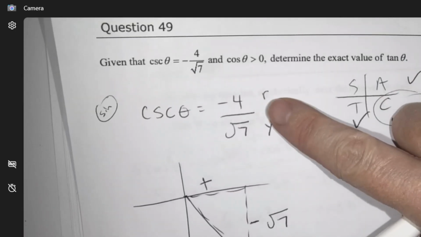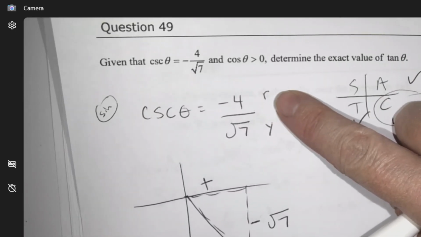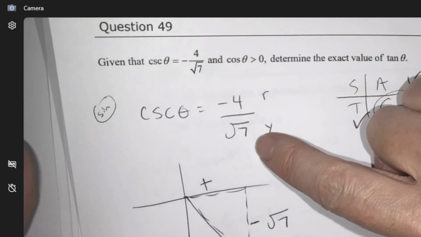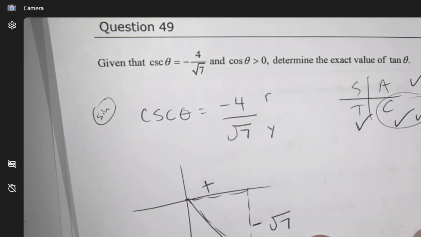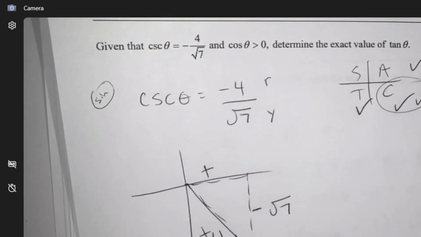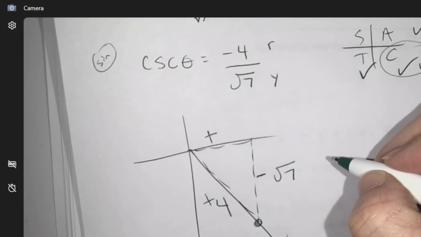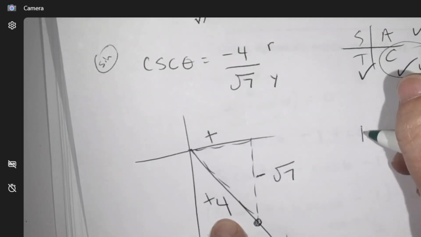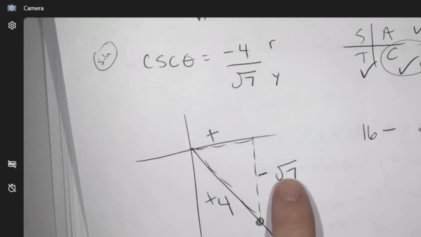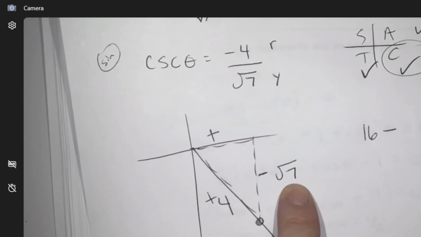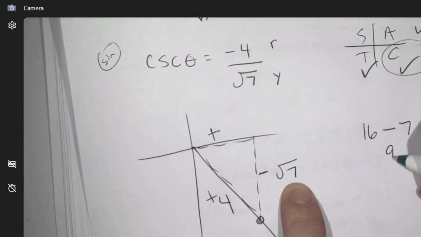This is tricky because there was a -4. That's not the R value. The R is just 4, and then this Y is actually the negative. Okay, super quick. Pythagorean theorem. This squared is 16. Subtract, what's root 7 squared? 7. 9.